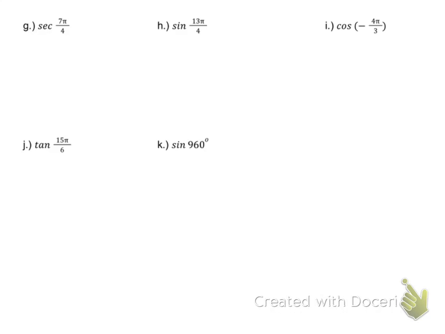So what's maybe a first step on this one? I don't like 13 pi over 4. Find a what? Coterminal angle first. So if that's the case, I need to subtract 2 pi, right? 13 pi over 4 minus 2 pi. Wait a minute, I can't use 2 pi as 2 pi. I need to change it to a common denominator, guys. 8 pi.